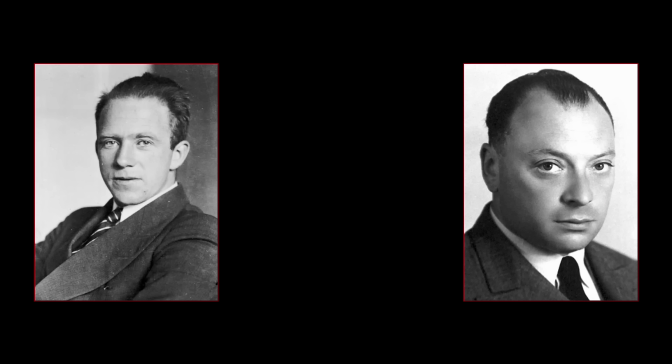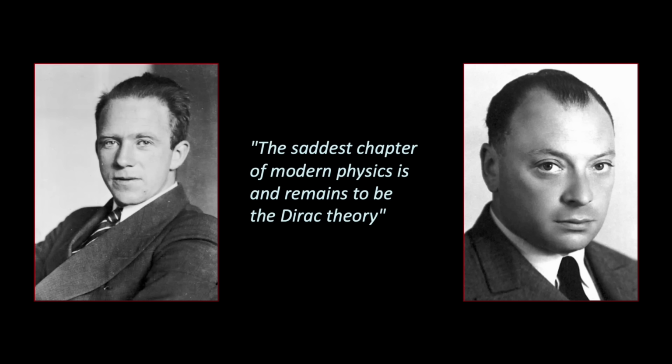After discussing the issue with Werner Heisenberg, Dirac's concerns deepened. Heisenberg, equally unsettled, confided in Wolfgang Pauli, writing, "The saddest chapter of modern physics is and remains to be the Dirac theory." The challenge of interpreting the negative energy states persisted.